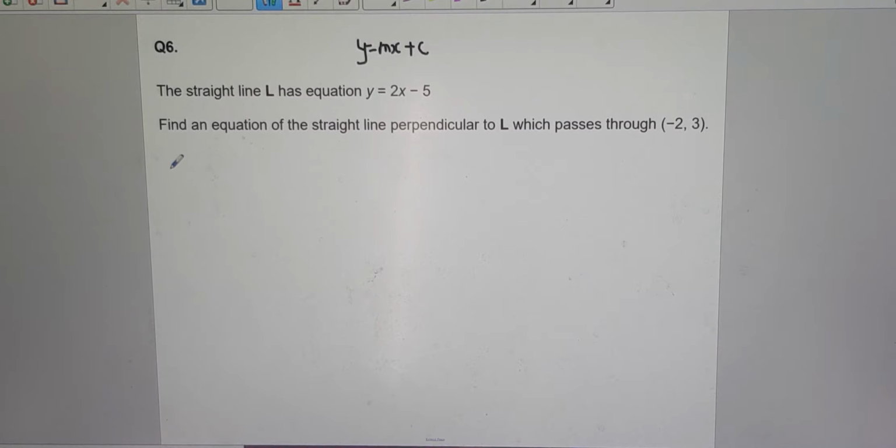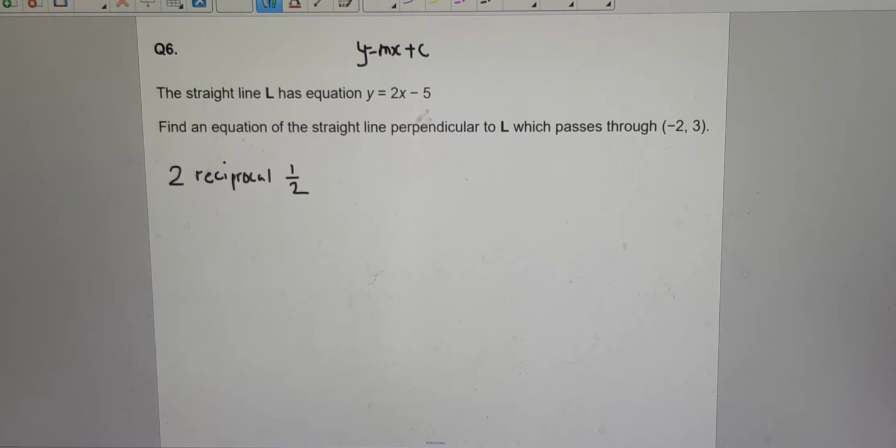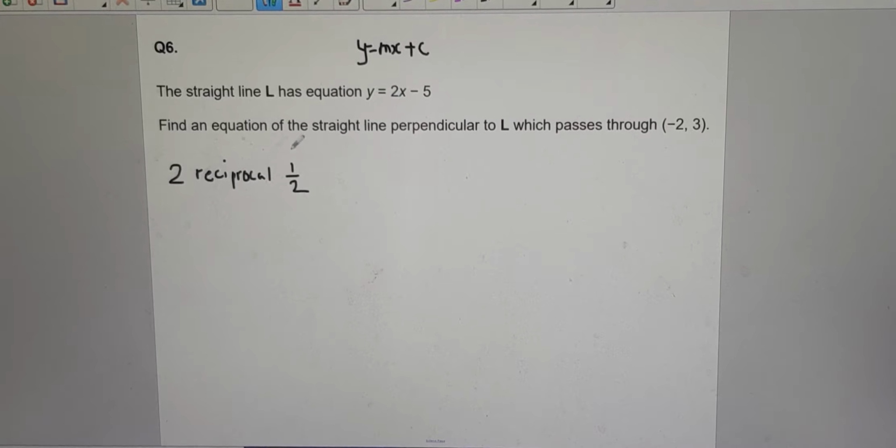Well, if my gradient is 2, the reciprocal of that, because it's the same as 2 over 1, would be 1/2. And because it's perpendicular, remember perpendicular gradients are the negative reciprocal of whatever it is. So it's going to be negative 1/2.